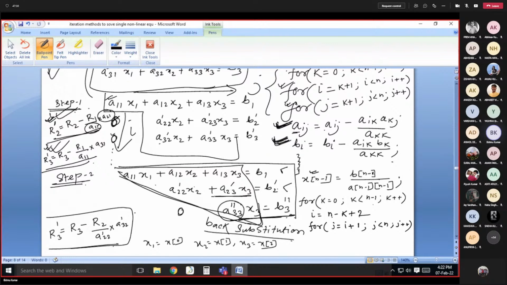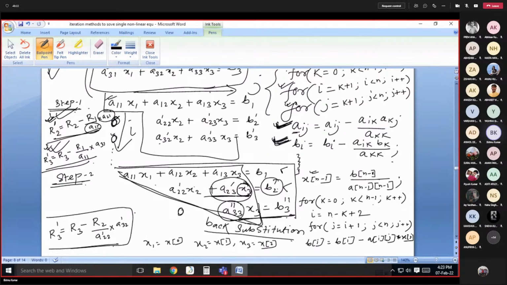Suppose from the second last equation, along with the right hand side I bring this term, and I rename it as the new bi.